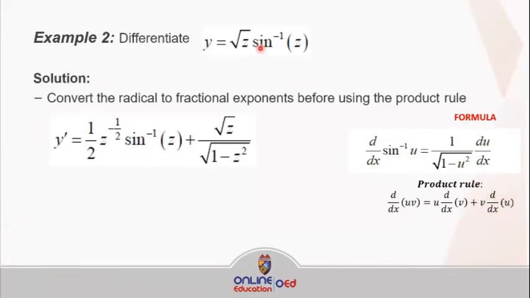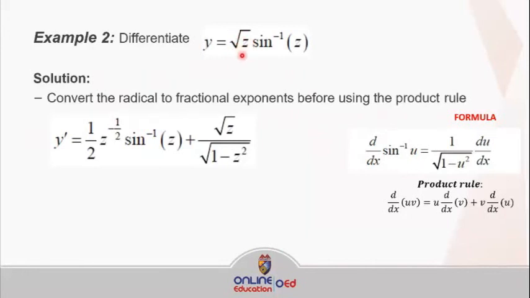And for the inverse, ito daw yung formula natin. For the inverse of sine u is equal to 1 over the square root of 1 minus u squared du over dx. So, for this problem daw, ayun, so derivative niya, we have yung sa derivative natin ng first is yung square root of z.